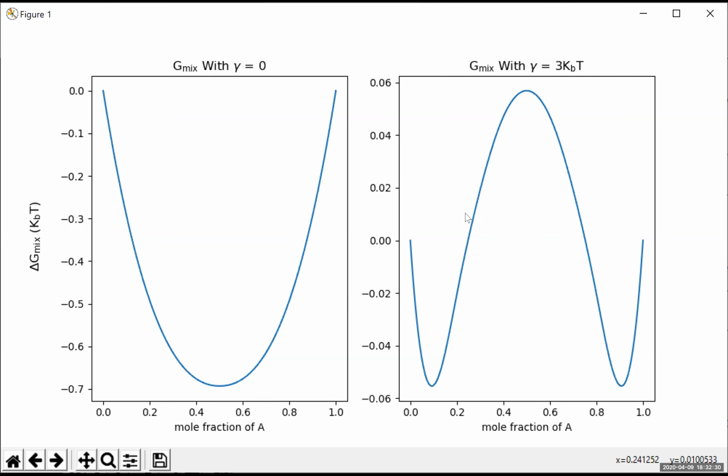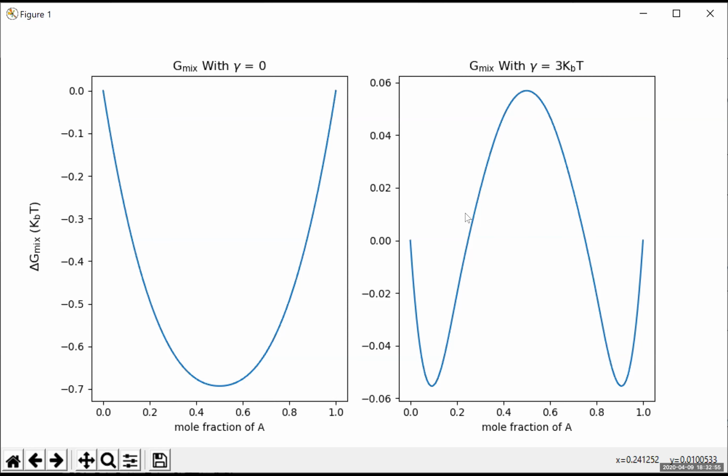So there should be some part in the solution where it is favored to have more A's in that area than B's, so there are more of those AA interactions. It's similar in the case of B's, where it's more favorable for there to be more BB interactions, so there are likely going to be more B molecules in the area than A molecules.